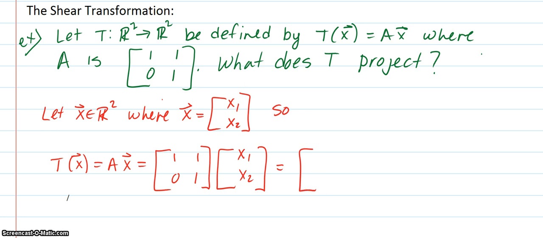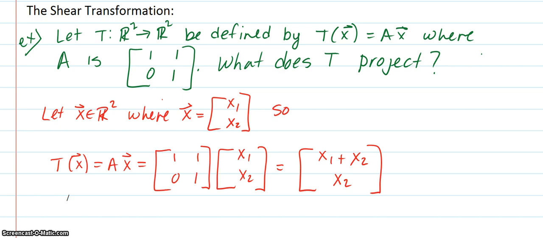Multiplying these two matrices, the first row with this column is going to be x1 plus x2, and the second row is 0 times x1 plus x2, so it's just going to be x2. This is a little more difficult than the ones I did in the last video.